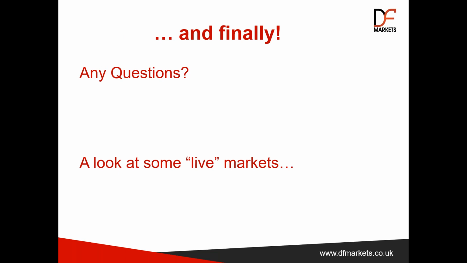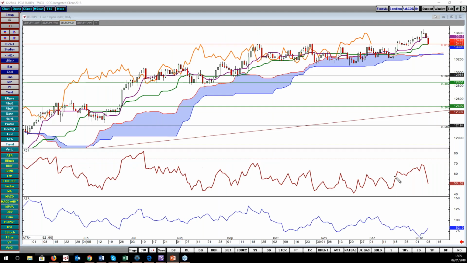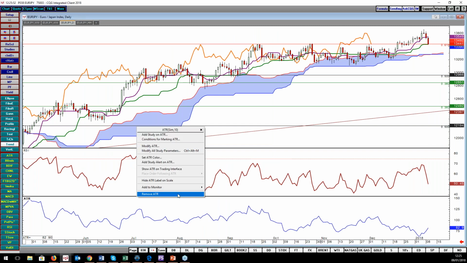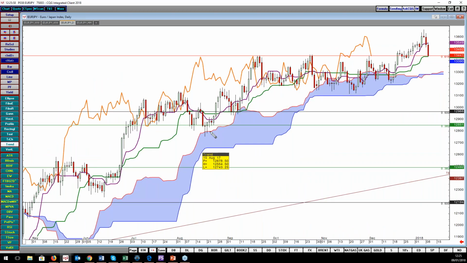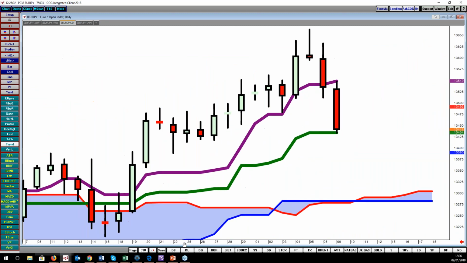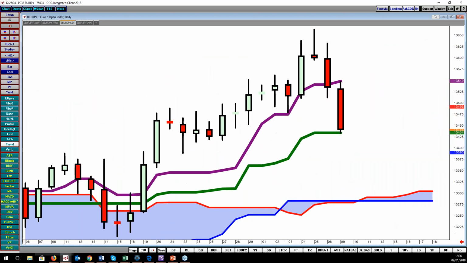And on that note of looking at Japanese markets, here is a daily chart, and let's just get rid of some of these things at the bottom for a minute so we can just look at this. This is Euro Yen on a daily chart, and interestingly with Euro Yen, the last three, let's just go to now.